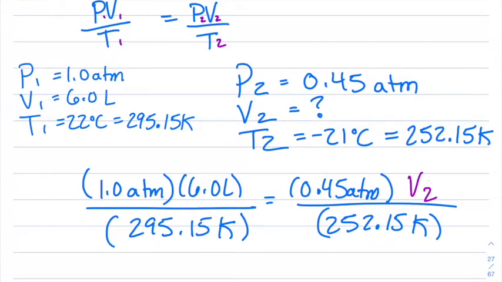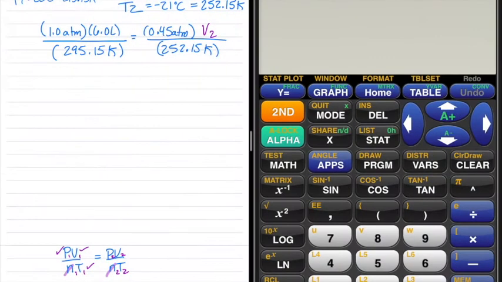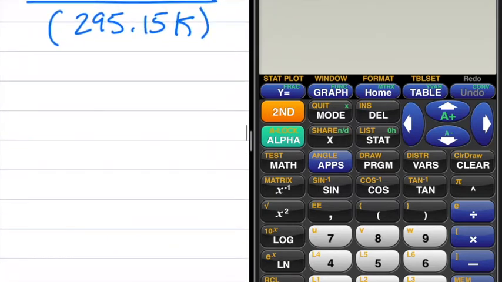All right, so I'm going to go ahead and calculate this out because it looks like we have a little bit of a difference of opinion in the answers. First thing I'm going to do is the left side, so 1 times 6 divided by 295.15. And then it looks like we get 0.020, and I'll just say 33 for now, giving myself a few digits.